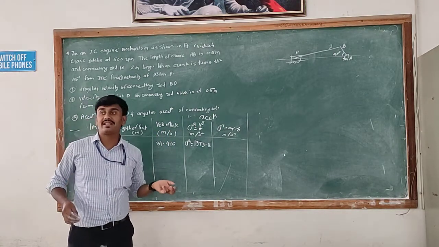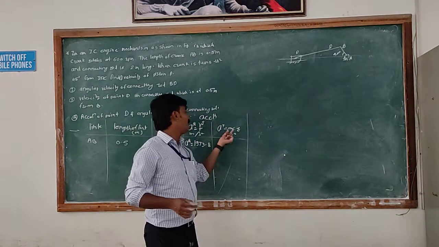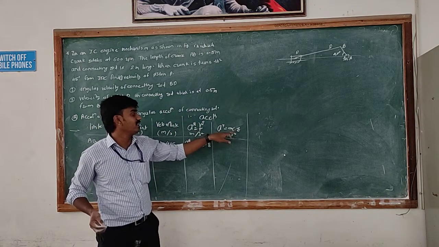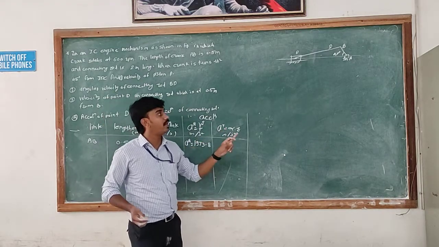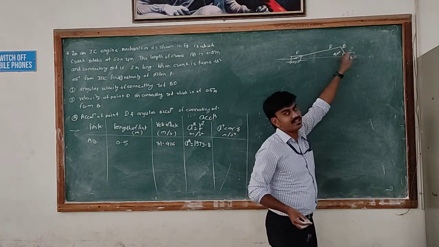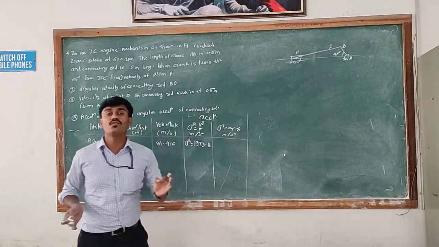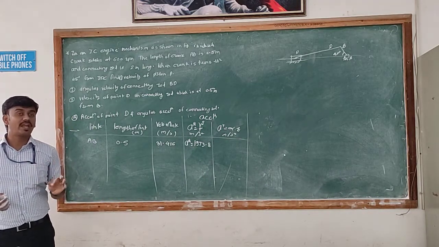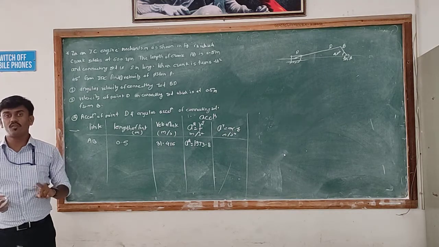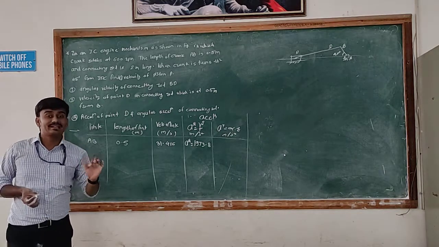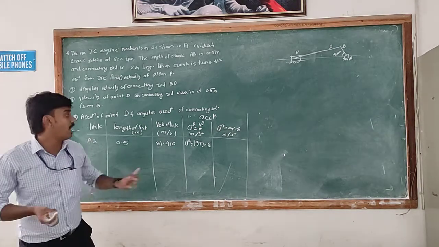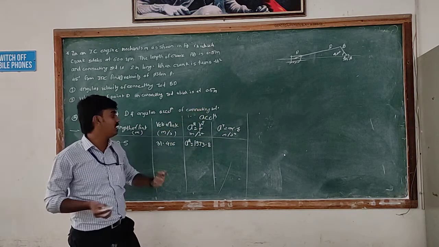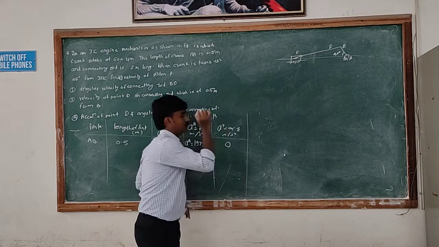What is the value of tangential acceleration? The formula for tangential acceleration is alpha into r, means its length into its angular acceleration. But here link AB is rotating with uniform angular velocity. As the angular velocity is uniform, its angular acceleration is 0, and therefore the tangential acceleration of the link AB becomes 0.